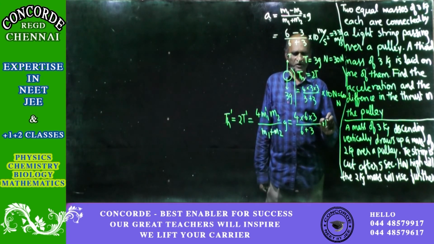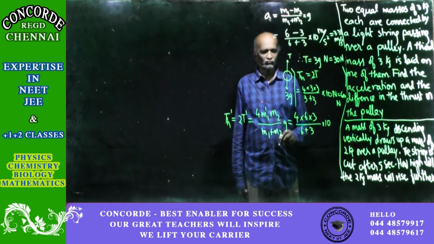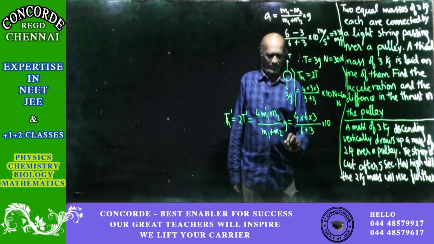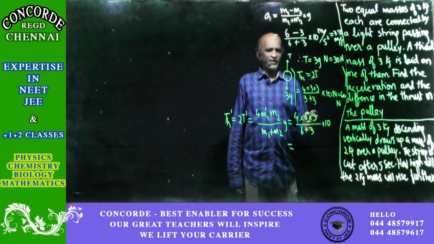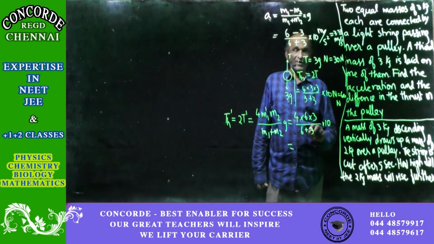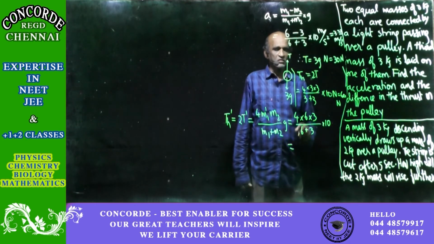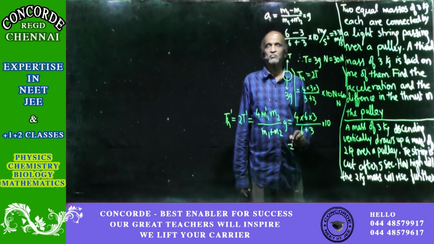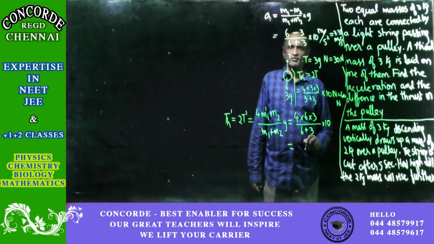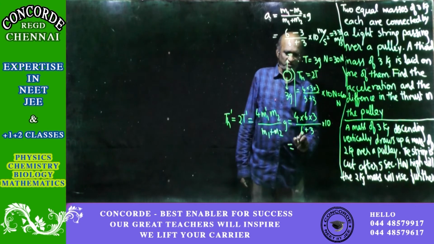So that will be into 10. Will be equal to 6 into 3 is 18, into 4 will be 72. 72 divided by 6 plus 3 is 9. So 72 by 9 is equal to 8, into 10 is equal to 80 newtons.